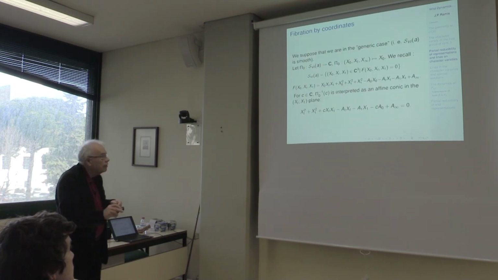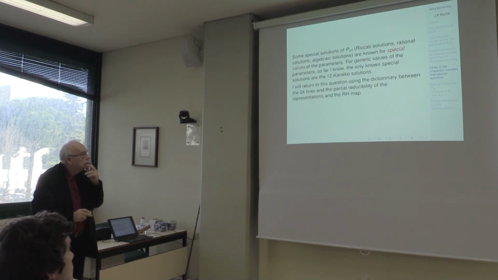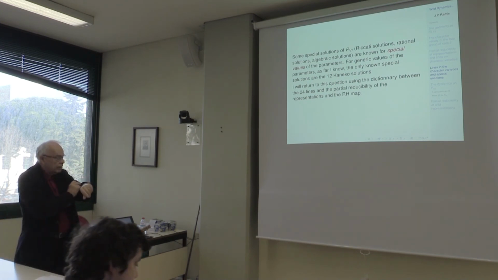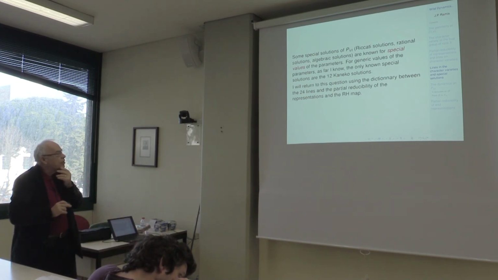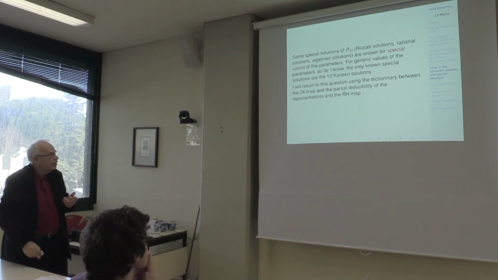Okay, this one I will skip. So for P6, some special solutions are well known: Riccati solution, rational solution, algebraic solution. And such cases appear for special values of the parameters.